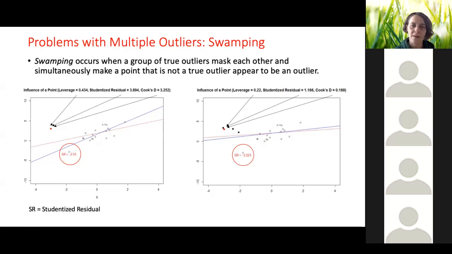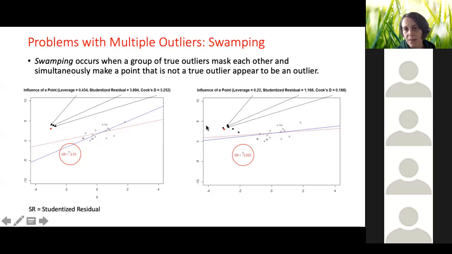And these are problematic, because what we want to accomplish is not necessarily to exclude these unusual data points, but to understand the influence that they have on our regression model. We want to get an idea of what the regression model would look like without these data points, and we want to understand what they represent.